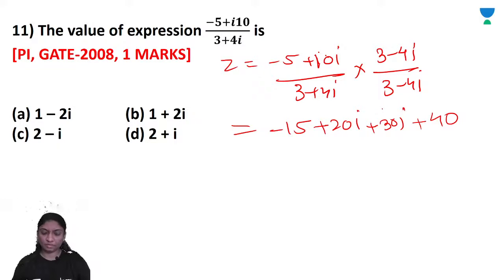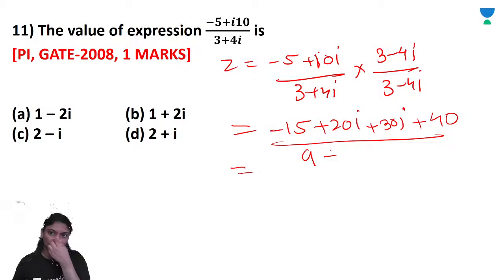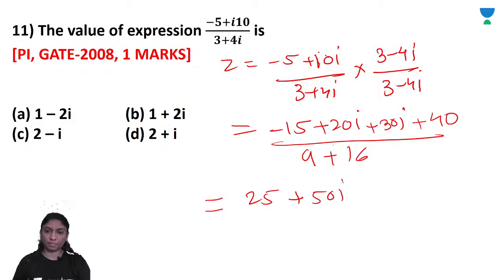So we will get here minus 15 upon here a square plus b square, 9 plus 16, right? 40 minus 15 is 25, plus 50i upon 25, that is 1 plus 2i.